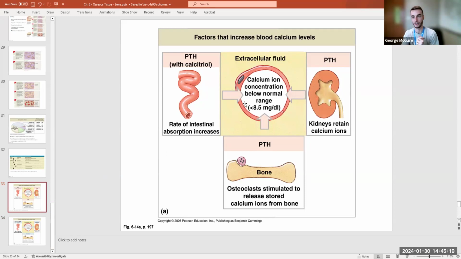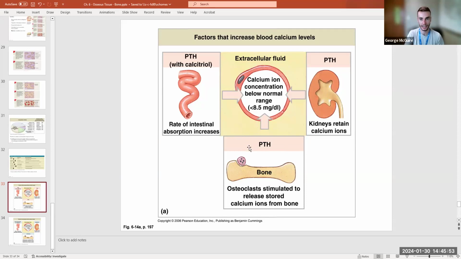So if our calcium ion concentrations are getting too low, we want to make sure we have more calcium available for signal transduction, for muscle contraction, etc. Our parathyroid hormone is going to work alongside vitamin D to help increase absorption, to tell our kidneys to retain as much calcium as possible, so stop filtering it out and peeing it out, and can also stimulate our osteoclasts to activate, which is going to break down some of our bone to release more calcium and phosphate into the bloodstream.